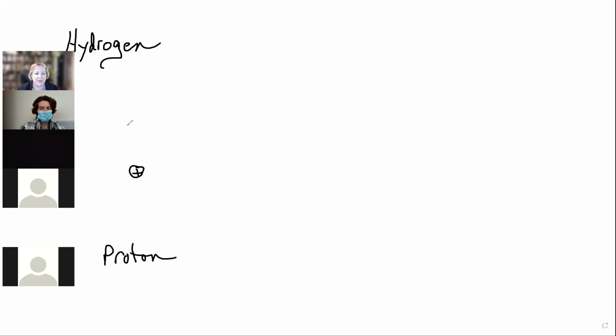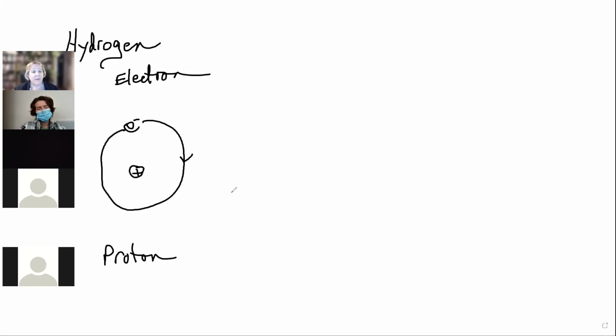Zipping around the outside like a little moon, we have another particle that has a negative charge called an electron. The positive and negative charges are attracted to each other. The electron goes zipping around the proton in what we call a shell or an orbital, reflecting the Bohr model.